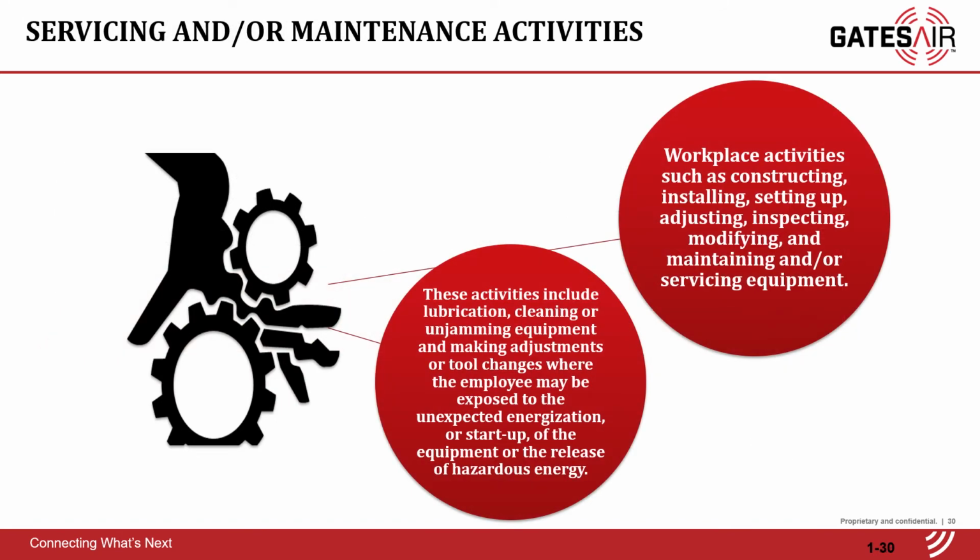Servicing or maintaining activities include constructing, installing, setting up, adjusting, inspecting, and modifying the equipment. Maintenance includes lubrication, cleaning, or unjamming equipment, anything where an employee may be exposed to unexpected energization or startup of the equipment or release of hazardous energy.